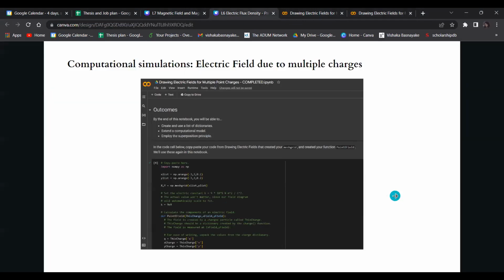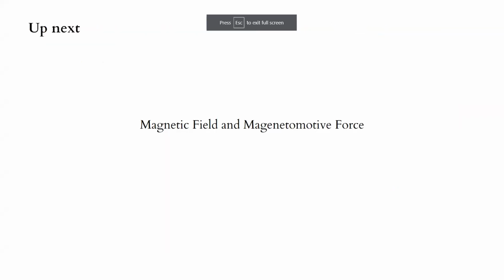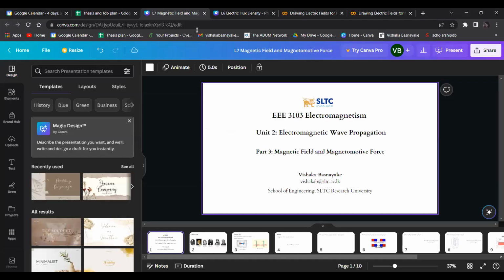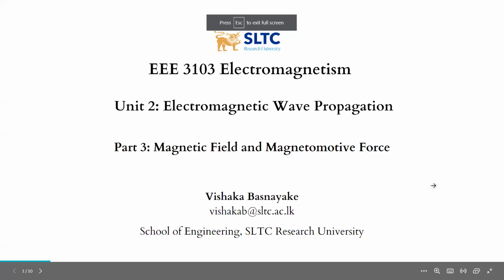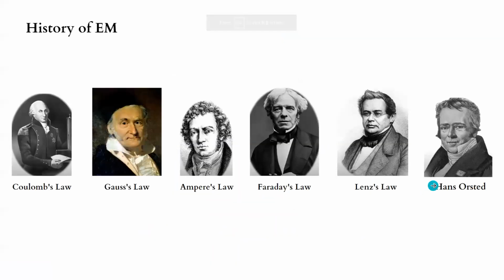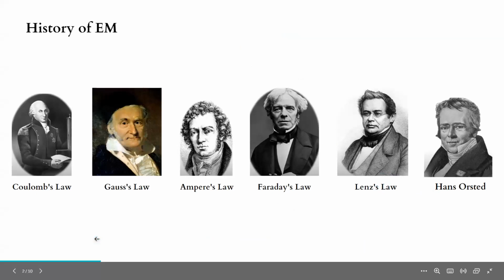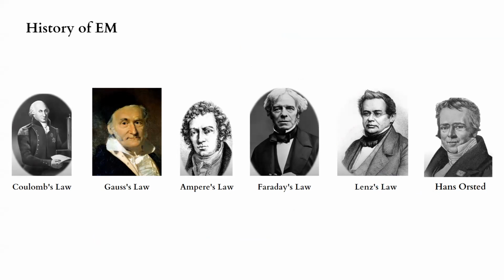So with that, I think we have covered the previous topics and will talk about the magnetic field and the magnetomotive force. Today we will be starting with the magnetic field and the magnetomotive force. These are new concepts related to Coulomb's law and Gauss's law.